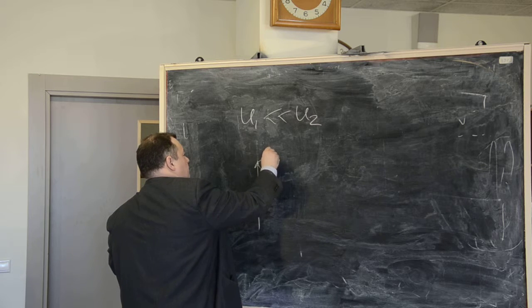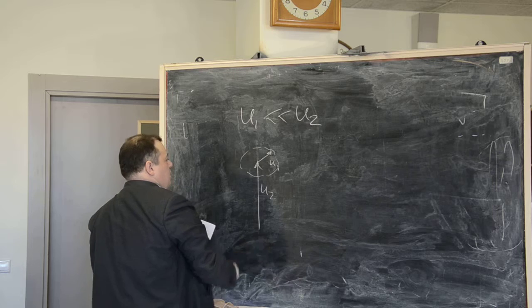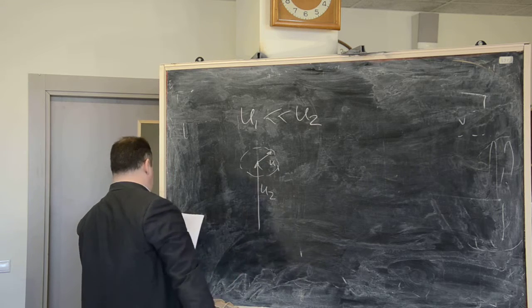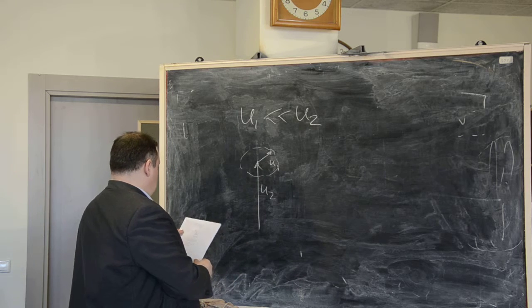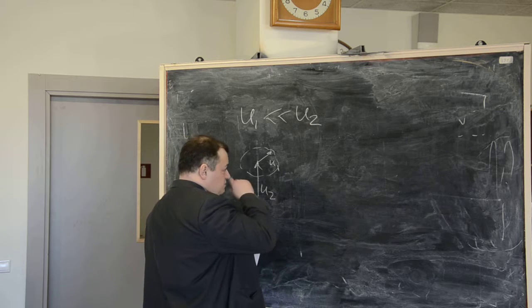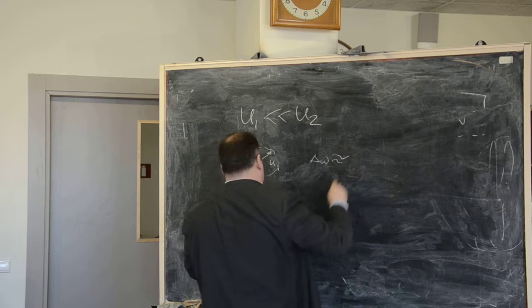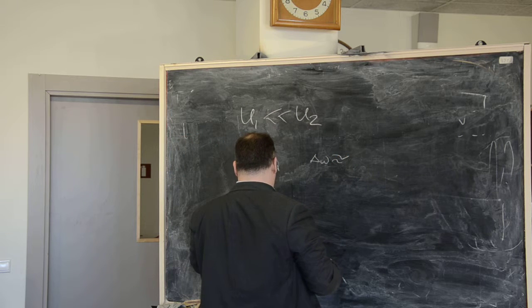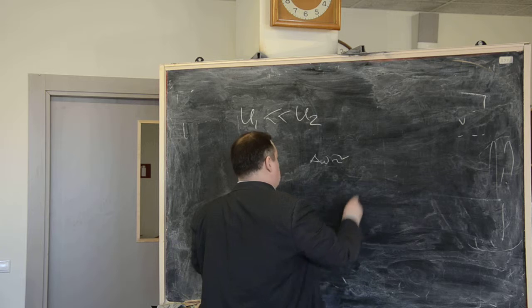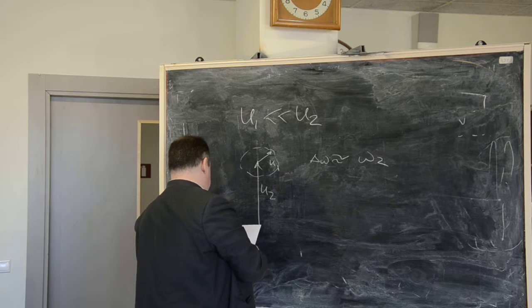The second voltage is large, and the very small first voltage rotates around it, making a very small circle. This means that omega is very close to omega 2.